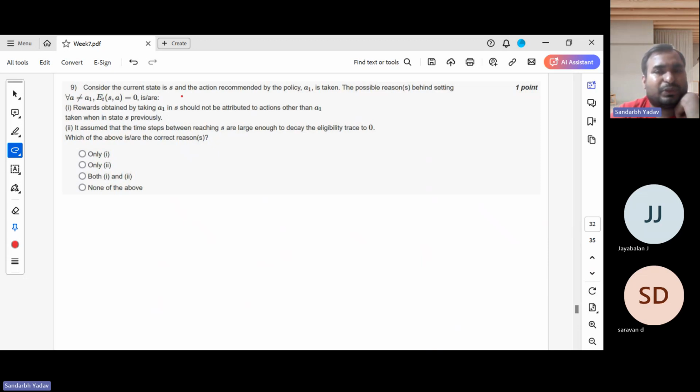Basically it is asking what is the possible reason that you assign this to be 0 for the other actions. Okay, this can be for the non-aggressive version also. It's essentially the pair only.